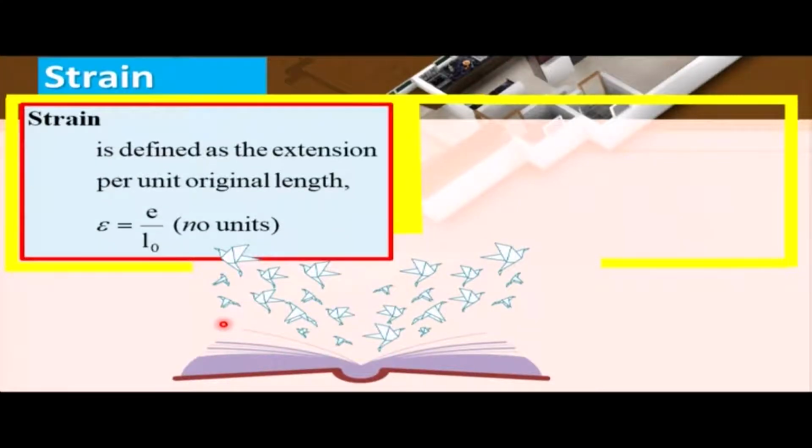Okay, now students, we have to explain what is really a strain. And this is the definition. It's defined as the extension per unit original length.